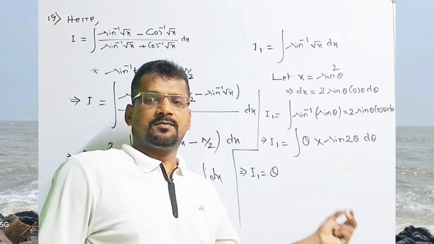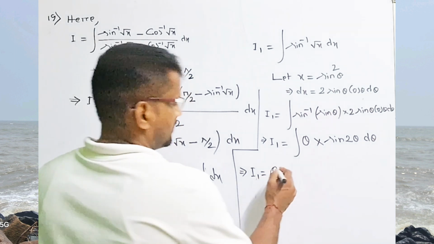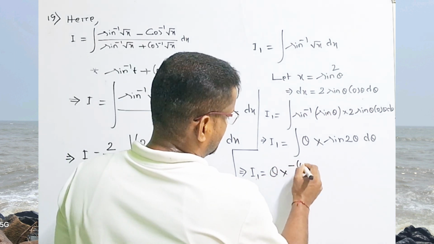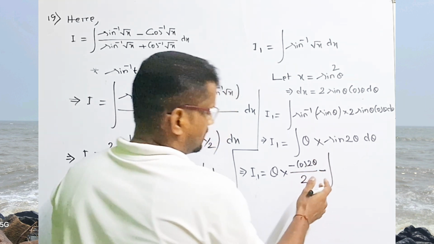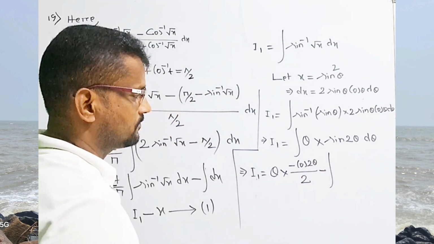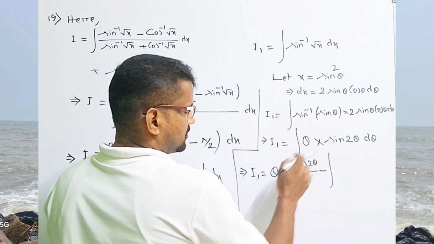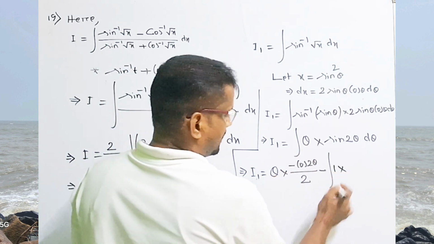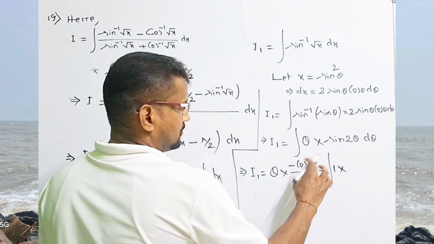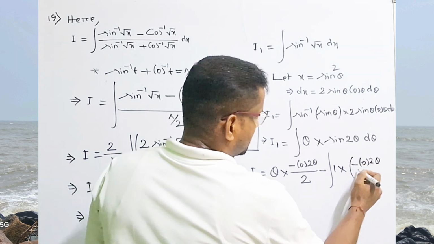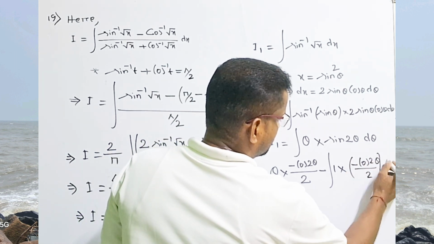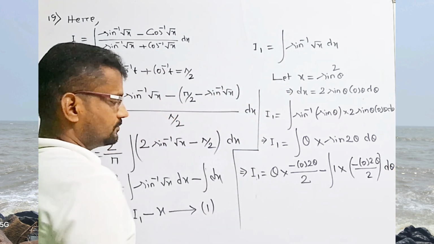Minus cos twice theta by 2. So into minus cos of twice theta by 2, minus, this is the by parts rule we are using, derivative of first function, that is theta, 1, again integration of second function, so this much will come, minus cos of twice theta by 2 d theta.